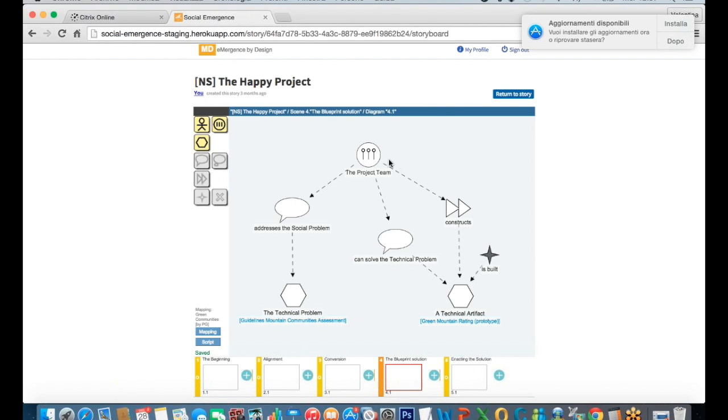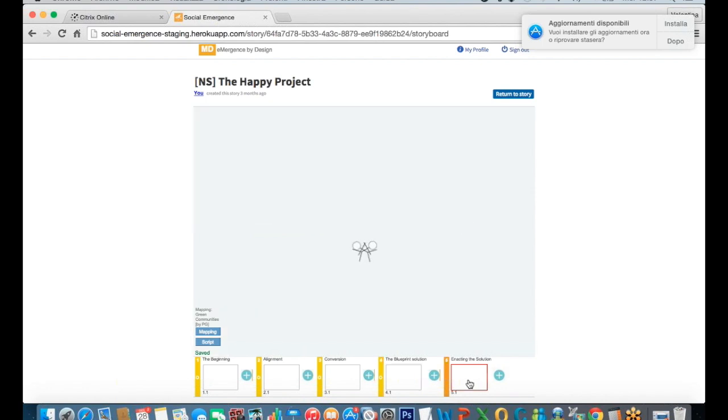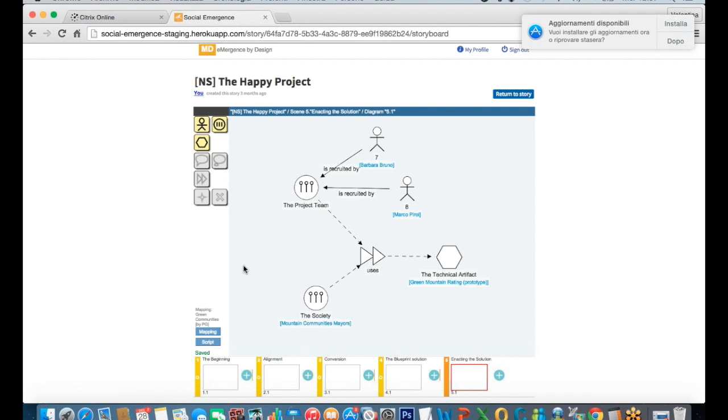Ideally, once the project team has constructed the technical problem that addresses the social problem, and then also the technical artifact that you can see here, the rating system that I told you about at the beginning, that can solve the technical problem, you are close to the happy end of your project. The project team and the society can use the technical artifact.